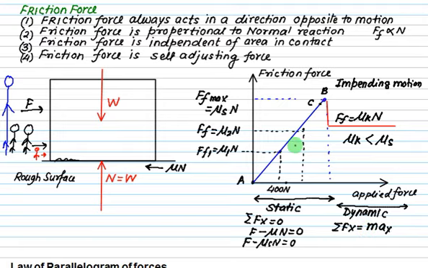Now the question is, where are you in the friction problem? Are you between A to C, or at B, or somewhere here at D? This is never given to you. And that is a tricky part, and that is why the friction problem is very difficult to understand.